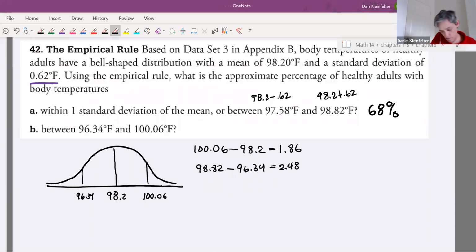I mistyped it earlier; it had to be 1.86 both times. Sorry about that. Okay. All right.